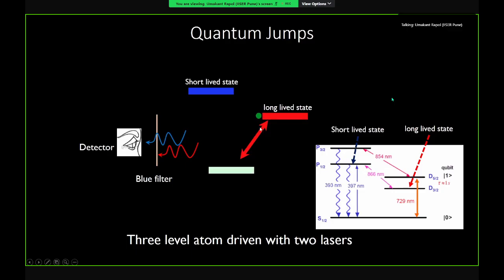And whenever the electron gets excited to the short-lived state, there is light emitted from the blue transition, because the electron starts from a common ground state. So it has to go either this way or this way. So this is a 3-level system, and you shelve the electron in this state for detection. So you do all your quantum mechanical manipulation, the qubit gate operations, on these two levels.